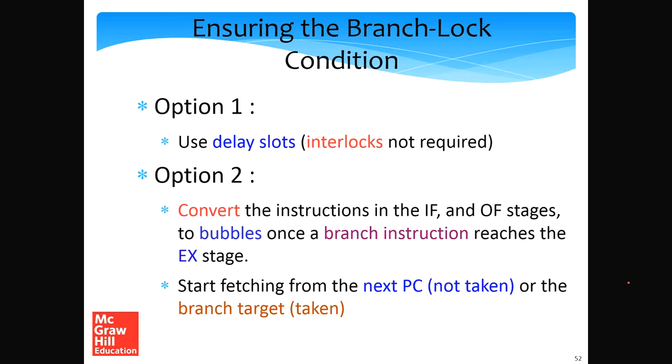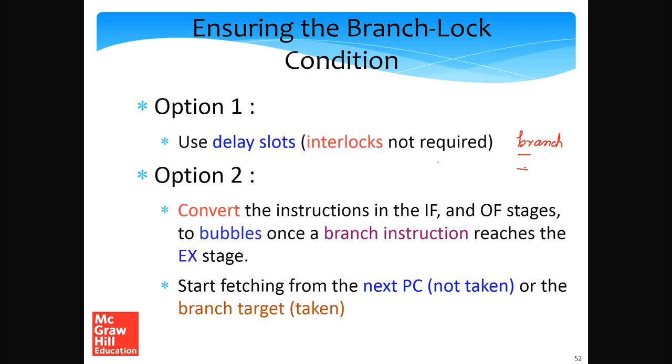So let us now take a look at the branch lock condition. Let's consider the software-only solution, which was to use delay slots. While using delay slots, interlocks are not required. In pretty much every pipeline, after a branch instruction, we have a couple of slots in which there is a possibility of wrong path instructions being fetched.